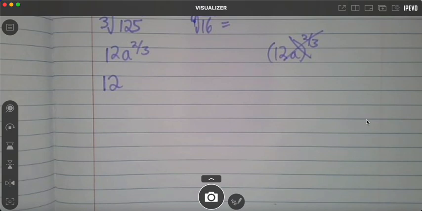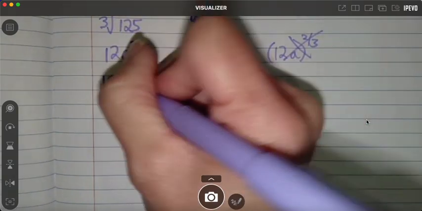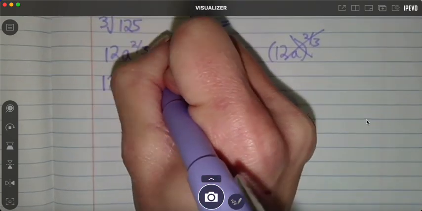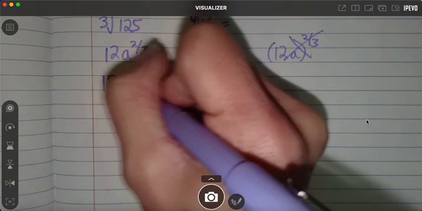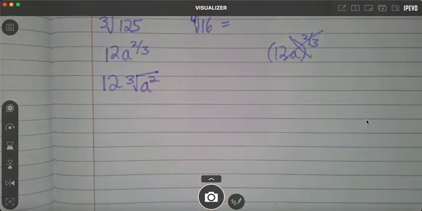Now, what did I say about the bottom number? The bottom number is going to be your root. Think about trees or plants: the root is at the bottom, under the ground. So it's going to be the third root. We call it the cube root. The third root of, and what's left over? A and 2. A squared. Yes, the a and the little square.